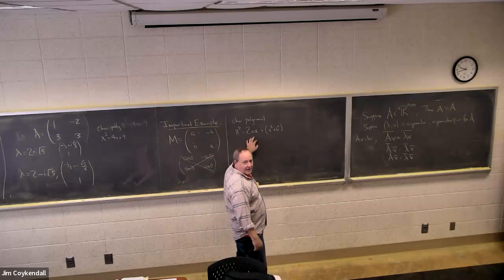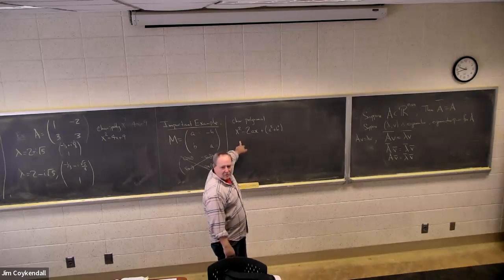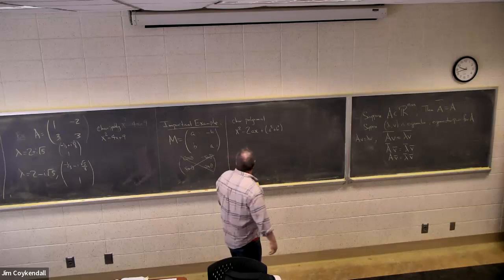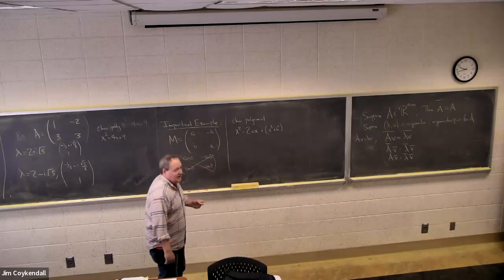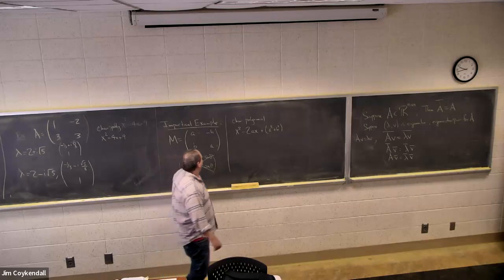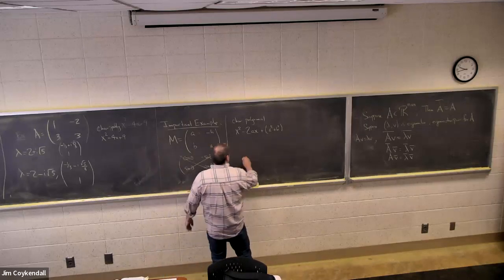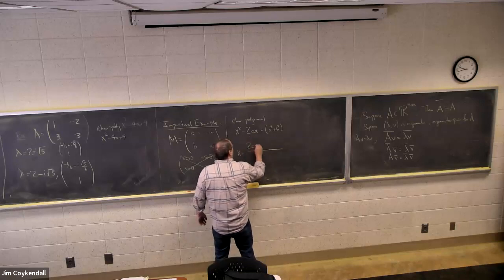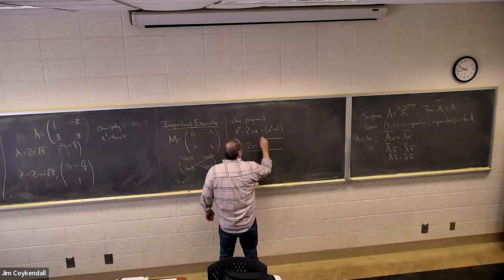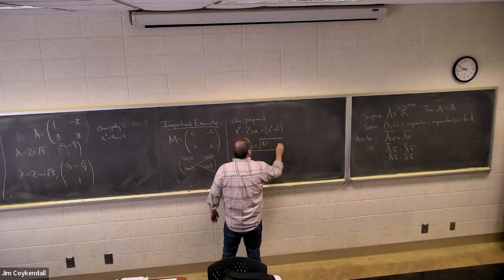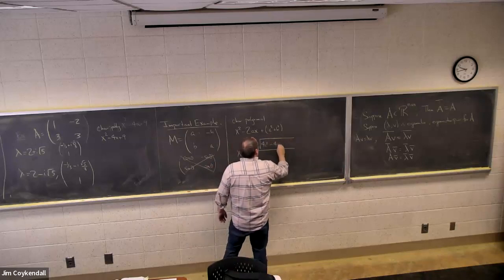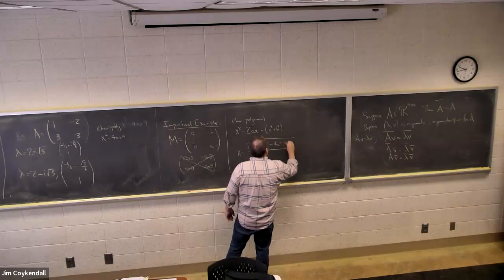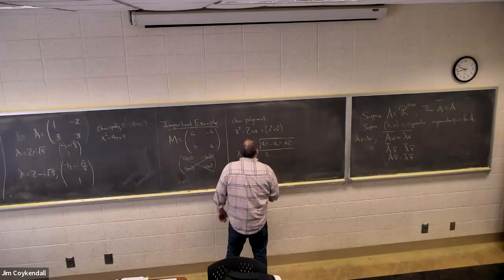Now, you guys want to do the quadratic formula on this? Oh, you're going to like the outcome of the quadratic formula. In fact, if you think about what an eigenvalue is, you might be able to figure out what you come out with. It's 2a plus or minus the square root of 4a squared minus 4a squared minus 4b squared. How about that?